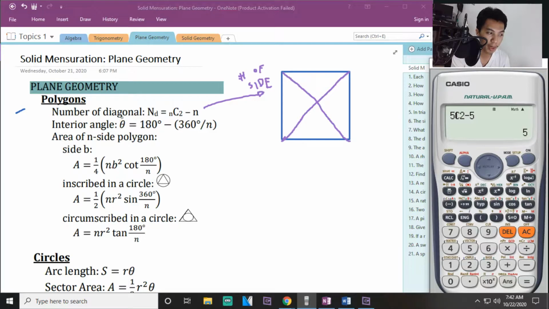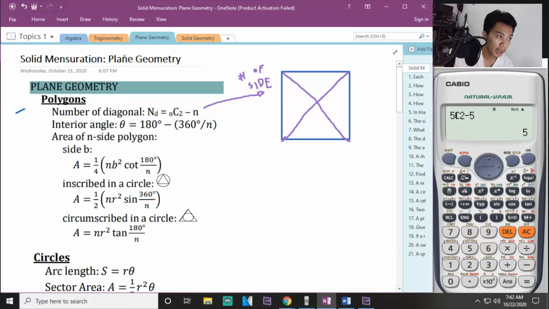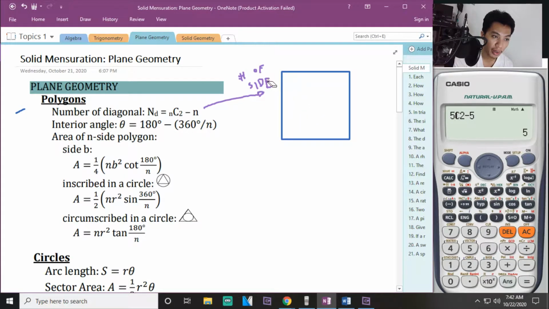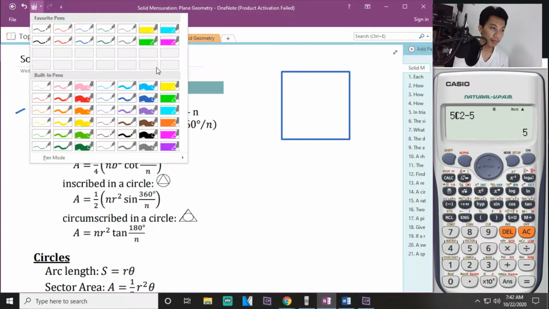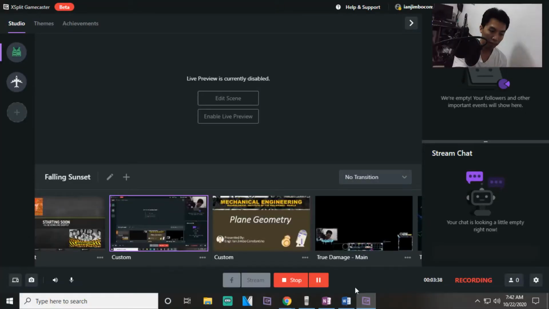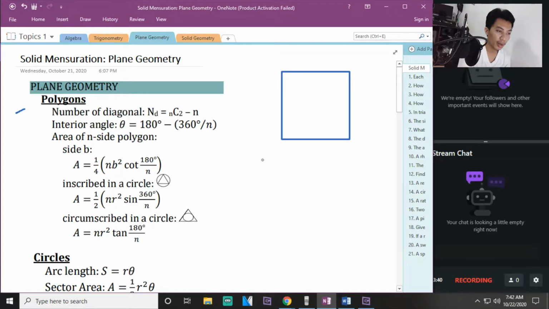This is the formula. Now, ano pa naman yung isa pang katangian, the interior angles. Now, for your interior angles, tandaan mo, ang interior angles kasi are yung loob na angle.